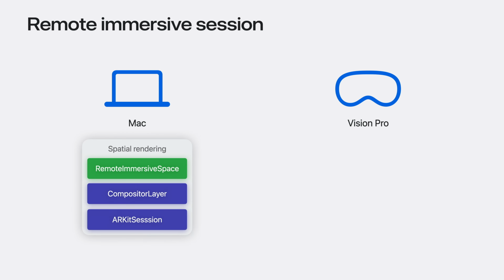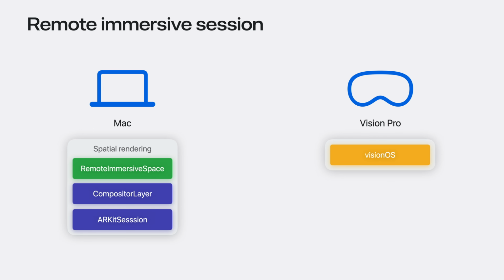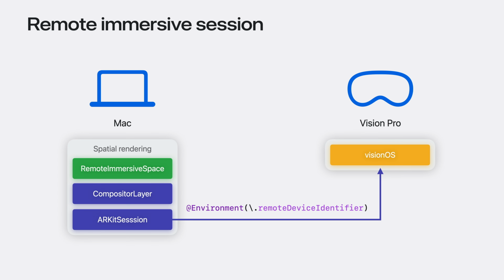The macOS Remote Immersive Space hosts the compositor layer and the ARKit session, like a native visionOS app does. They seamlessly connect to your Vision Pro display and sensors. In order to connect your ARKit session to visionOS, there's a new Remote Device Identifiers SwiftUI environment object that you pass to the session initializer.